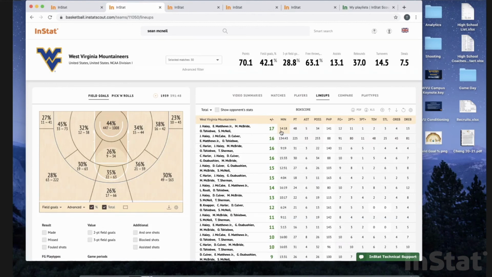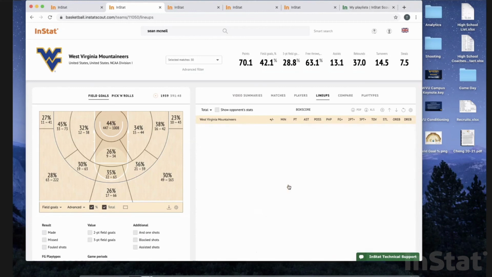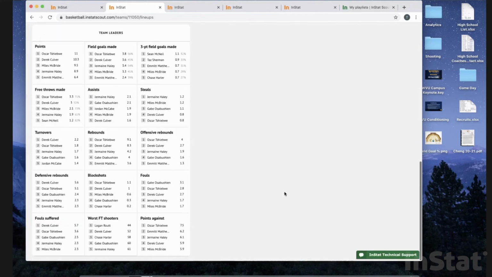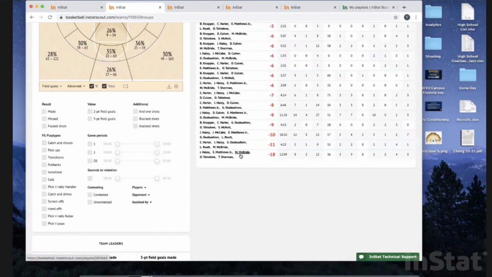So we don't want to have that in our factors, because this might help dictate our lineups going forward. Not necessarily like we're going to all of a sudden start this lineup instead of our normal starting lineup, but we know this combination is a good combination for us compared to something down here, which was Jermaine, Emmett, Deuce, Oscar, and Taz.